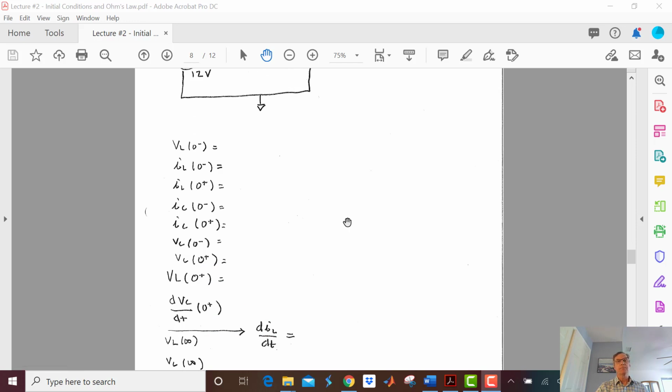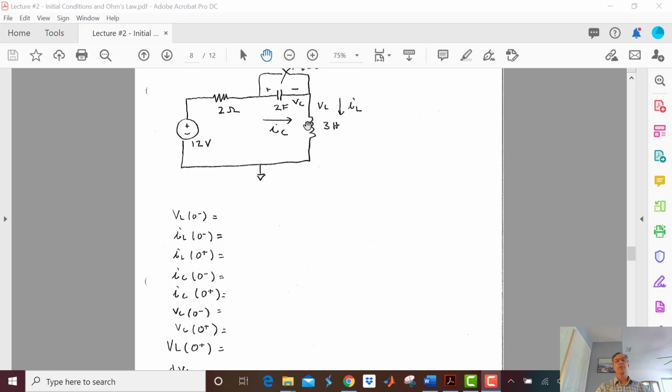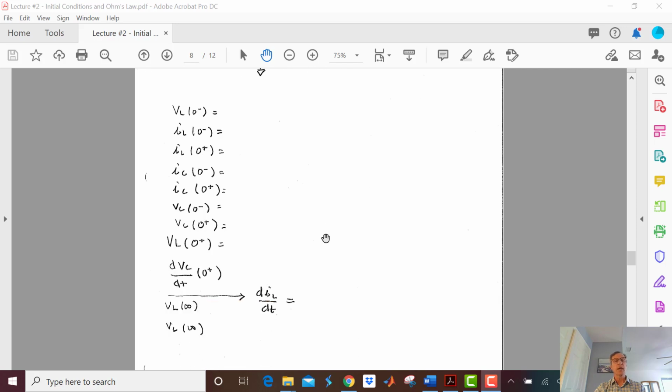Now diL/dt. We just determined that the voltage across the inductor at t equals 0 plus is going to be 0. So V equals L di/dt. So di/dt is going to be V over L, which is 0 over L, which is 0 amps per second.